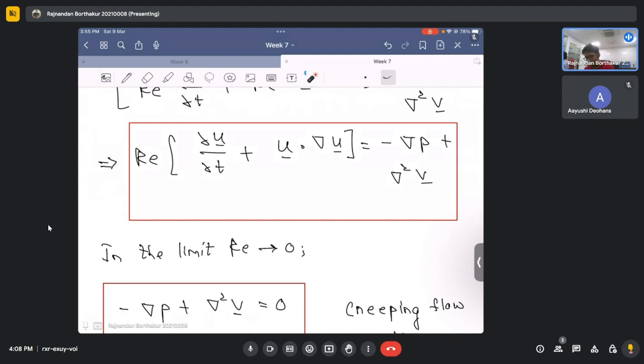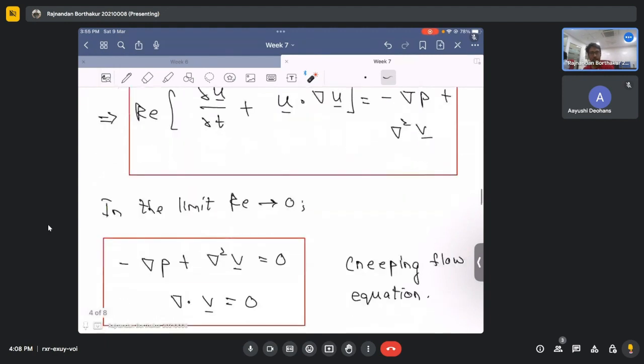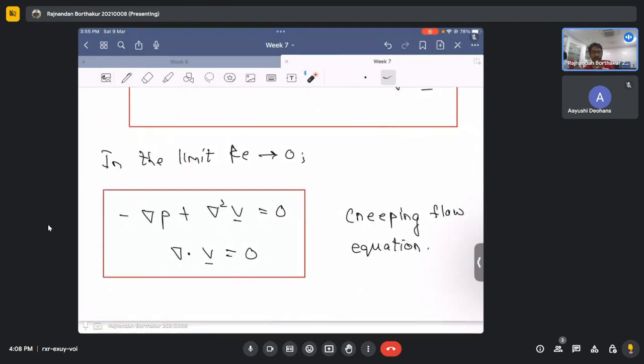This means in the creeping flow regime, the momentum equation is nothing but the balance between the pressure forces and the viscous forces. So it's the gradient of pressure that balances the viscous forces that arise due to the viscous nature of the surrounding fluid.